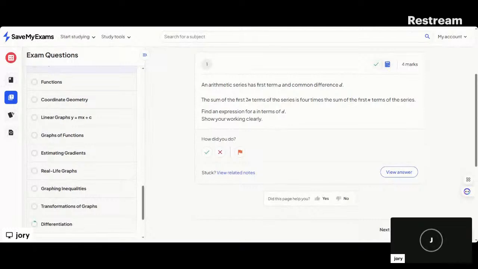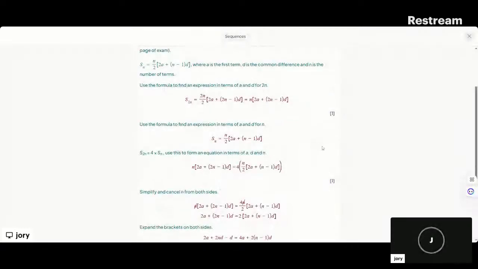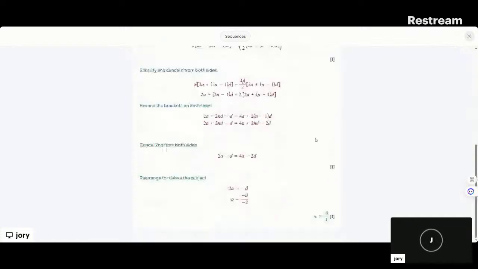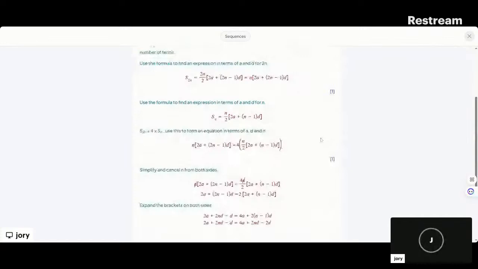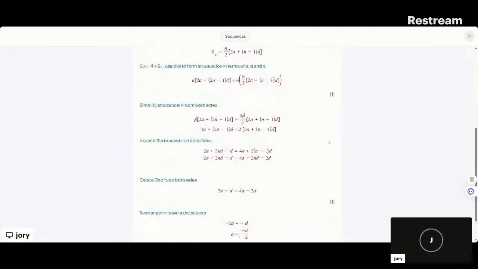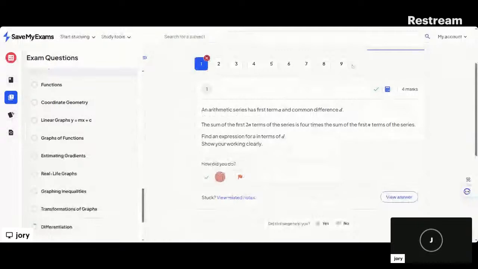And the sum of n, 2n gives you 4 sum of n, and n gives you sum of n. What? 2n. Wow. Try a different one.